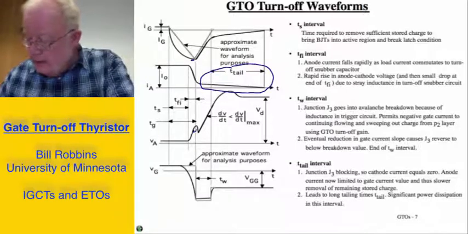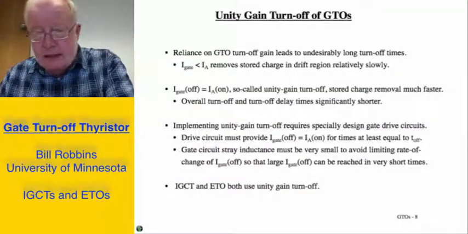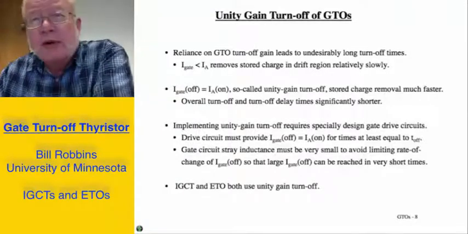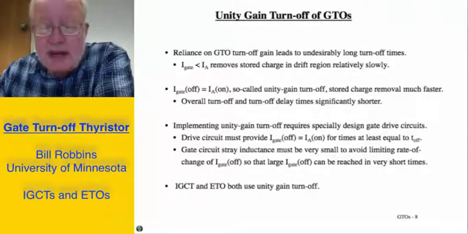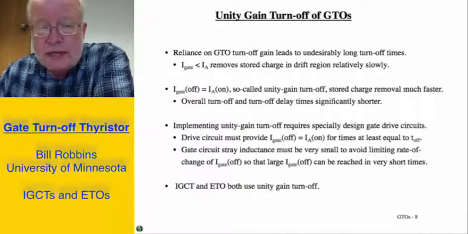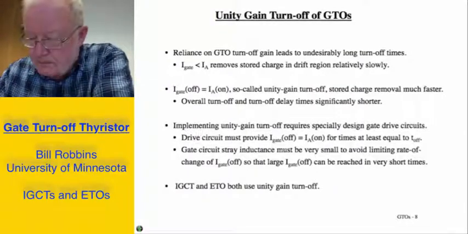Well, one way of minimizing that tailing time and thus speeding up the total turn-off time and minimizing the power dissipation, that switching loss in the tailing time interval, is to use what is called a unity gain turnoff of the GTO.